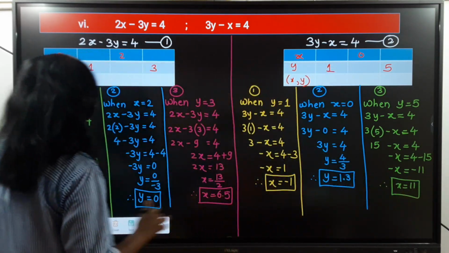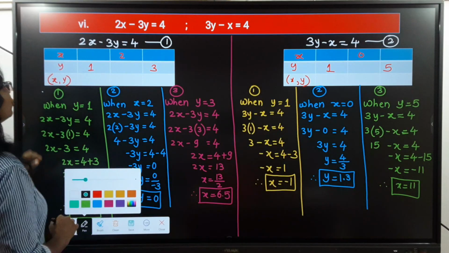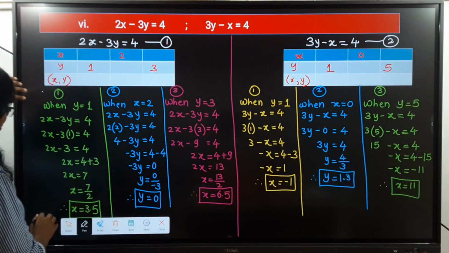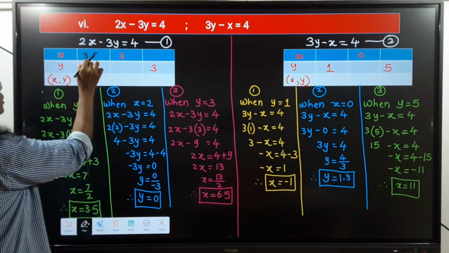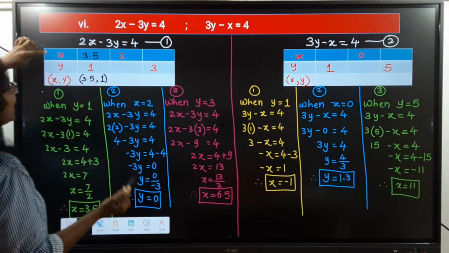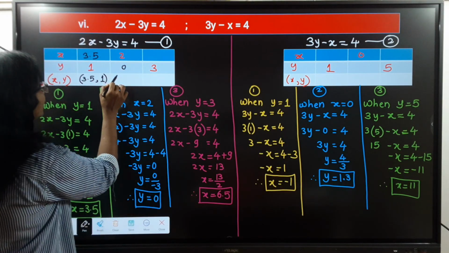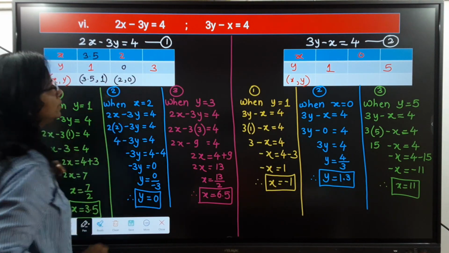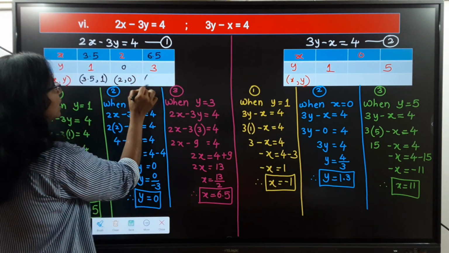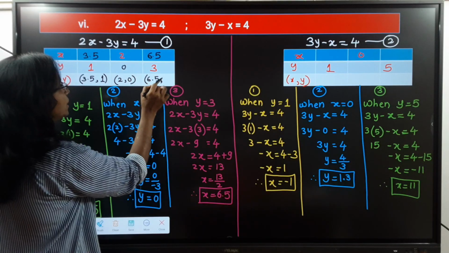So now here we have the values for the two equations. When y is equal to 1, x is equal to 3.5. So the coordinates are 3.5, 1. Then when x is equal to 2, y is equal to 0. Coordinates are 2, 0. Then third, y is equal to 3, x is equal to 6.5. So the coordinates are 6.5, 3.